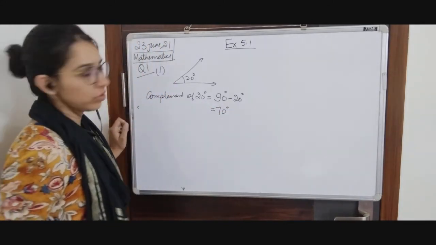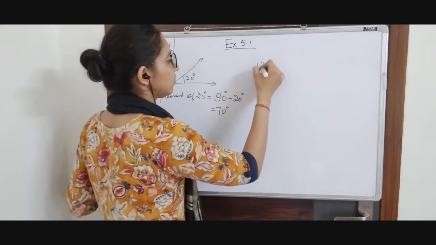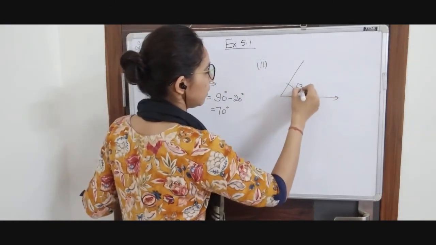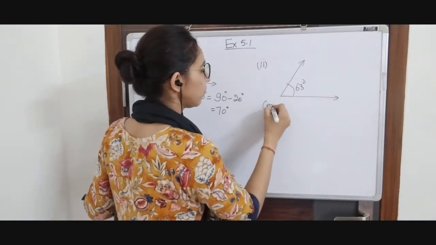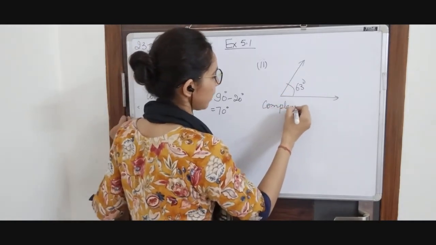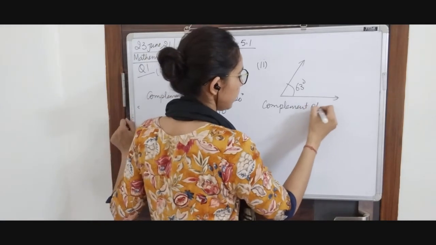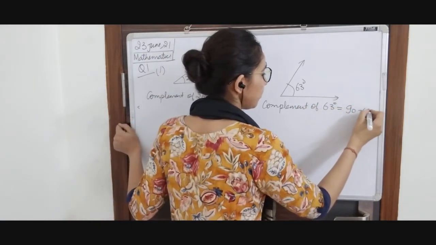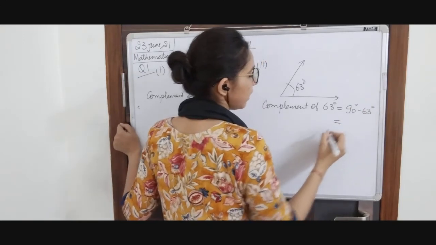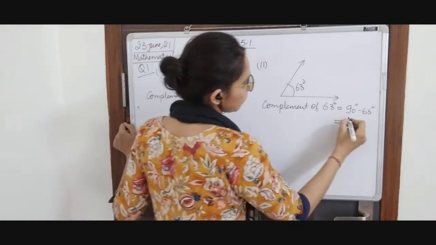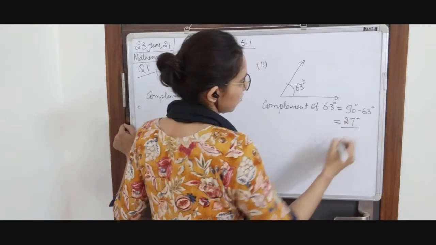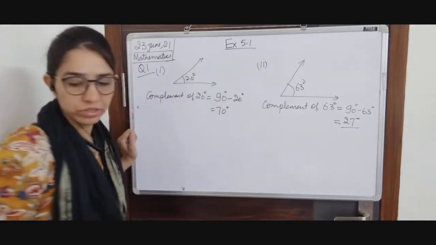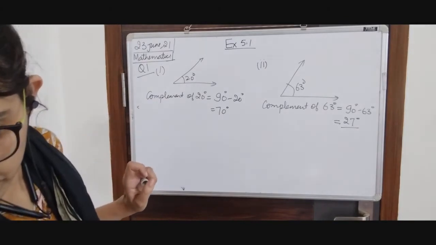Next is 63 degrees. If you want to find the complement of any angle, you subtract from 90 and find your answer. So it is 27, so 27 degrees is the complement.